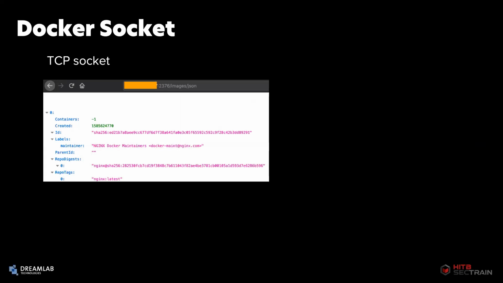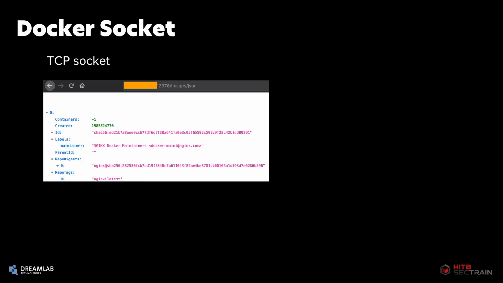We also have the TCP socket, as you said, and this can be enabled if remote access to the Docker daemon is needed. But you have to be aware that by default, enabling this provides unencrypted and unauthenticated full access to the Docker daemon through this API that can be accessed via HTTP.